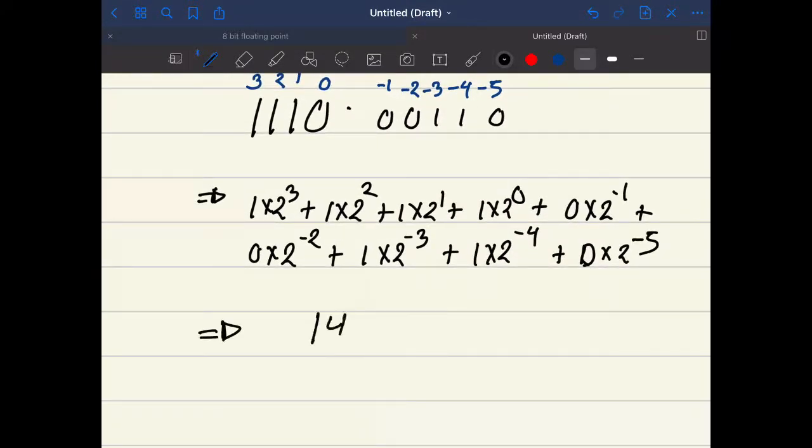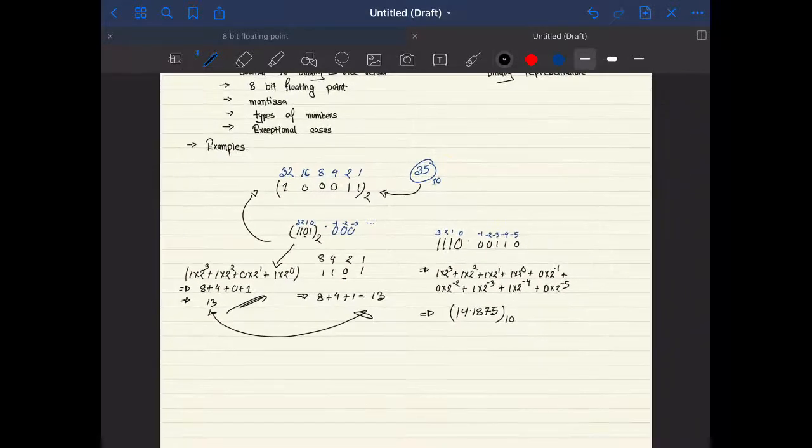This whole calculation would give us 14.1875, which is a decimal number. So this is the basics of how to convert from decimal to binary and vice versa.